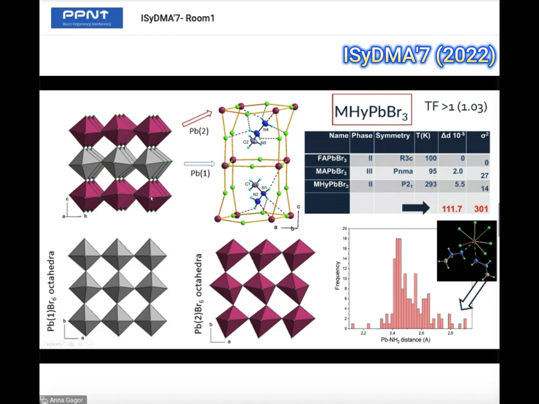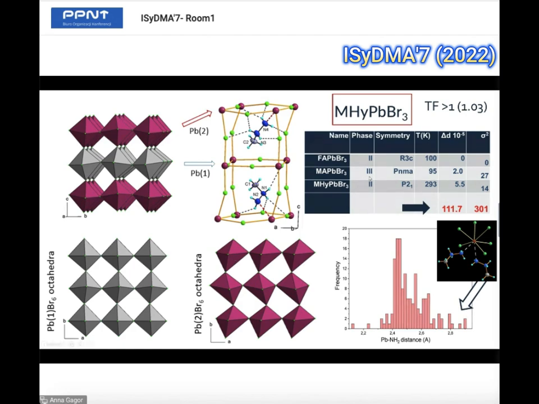From one point of view, the coordination of the lead in this position looks octahedral, but when we have a look along C in the other direction, we will see that these coordination spheres are massively distorted.